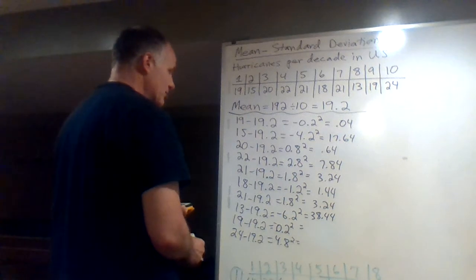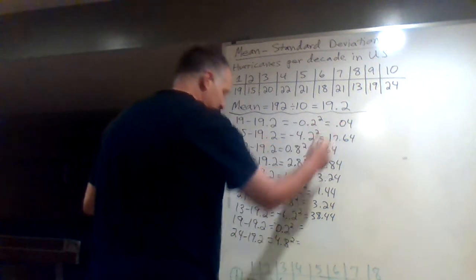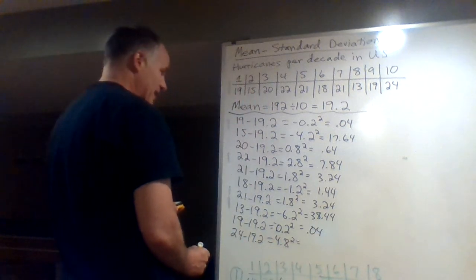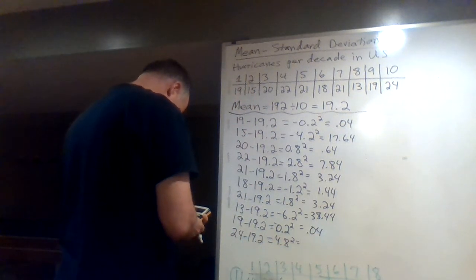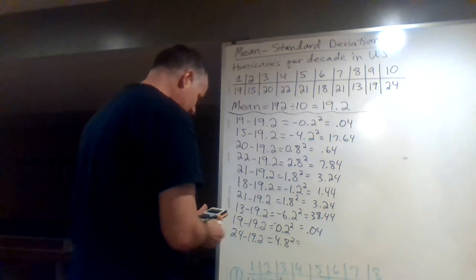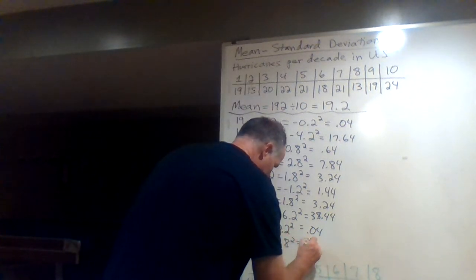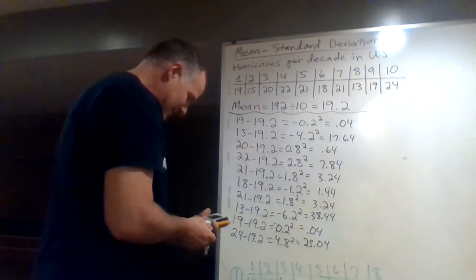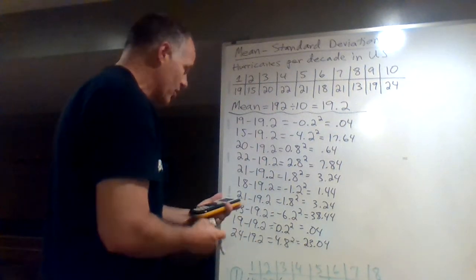Negative 0.2 squared we already did up here, 0.04. And then 4.8 squared, 23.04.